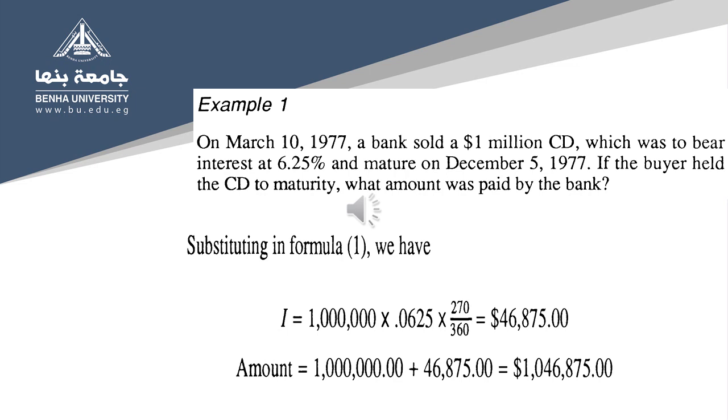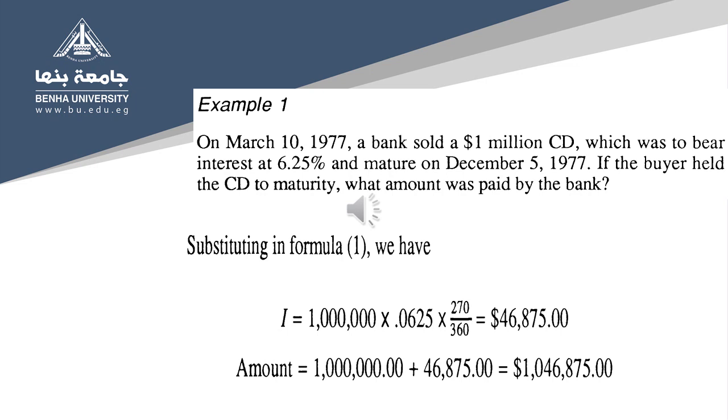This problem is related to banker's rule, which we stated in chapter 1, the previous chapter, where we calculated exact time and exact interest, exact time and ordinary interest, approximate time and ordinary interest, approximate time and exact interest.